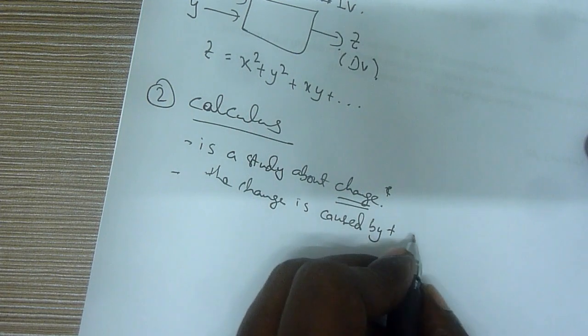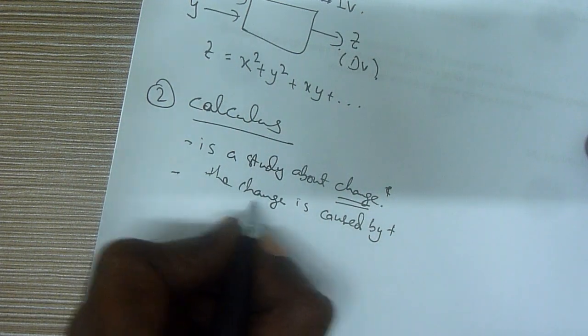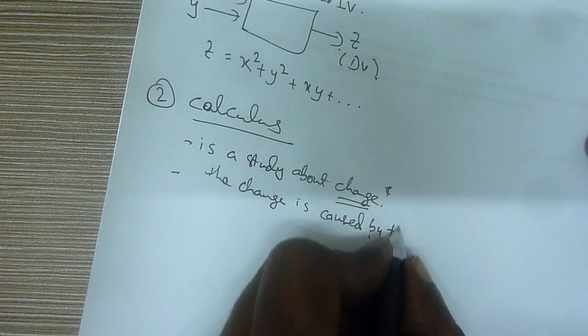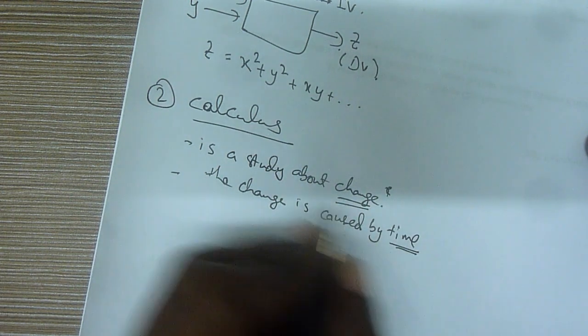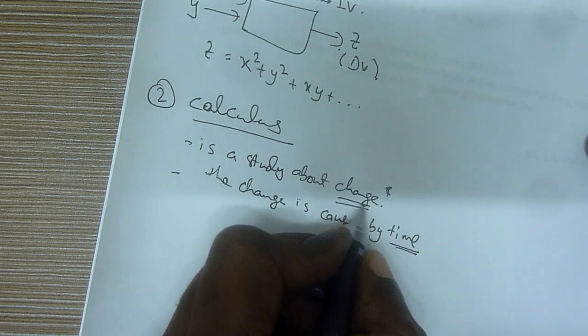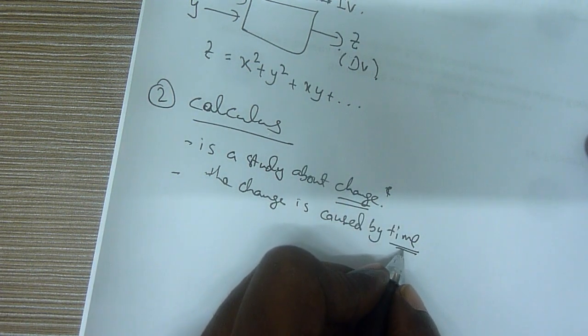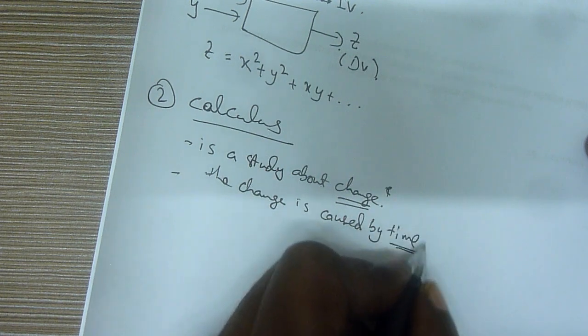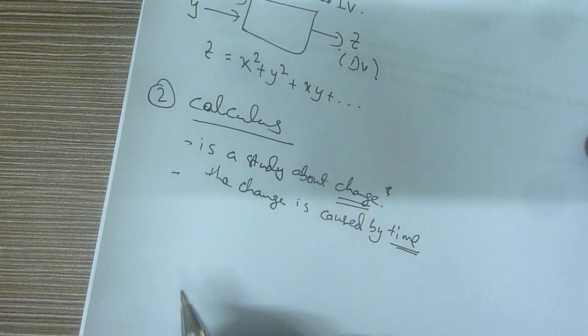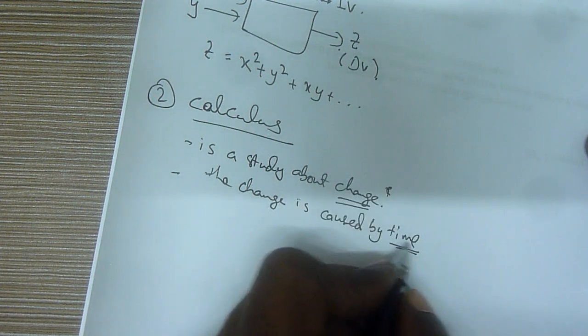The change, as you all know, is basically caused by time. Therefore, every time when we observe any changes, the changes will be related to time, but time is not defined, or we won't be able to see physically to define time.